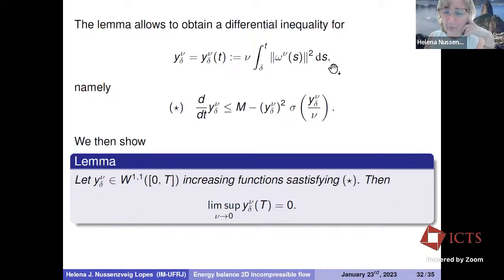So we're showing that if you have strong convergence, then you have energy balance. We already have strong convergence as a hypothesis, and we're showing that the dissipation rate vanishes. We then use continuity in time to show delta can be taken as small as we want. That's how the proof goes.